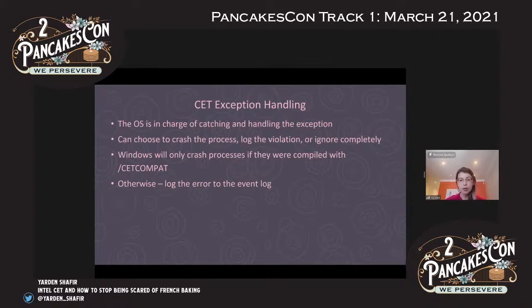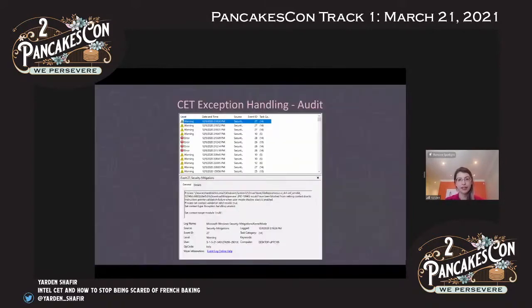But if you're running with a CET compatible processor and operating system, and your application ROPed, but it is not built with CETCOMPAT, Windows won't completely ignore it, but it won't crash your process either. Instead, it's going to log that into the Windows event viewer through an ETW event.